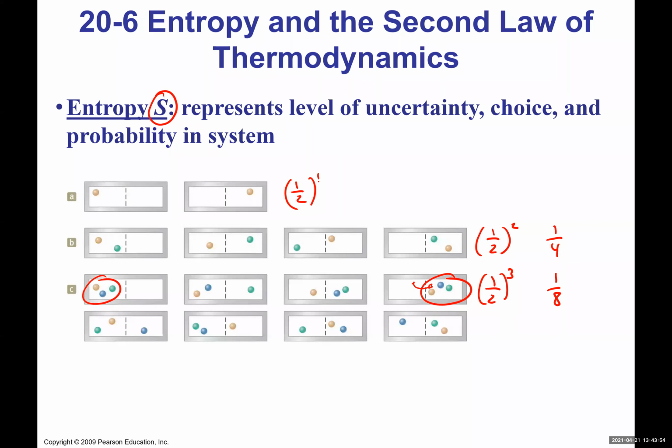Then what is the probability of having all 100 in one end or the other? Or, out of the 100, the probability that, for example, exactly 50 oxygen molecules are on one end will be 1/2 to the 50.